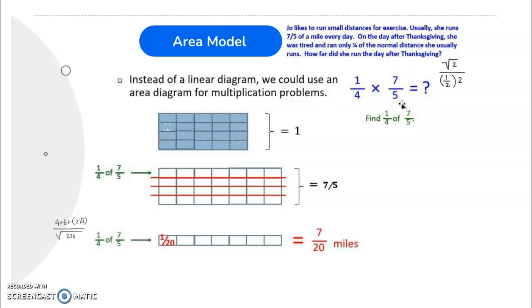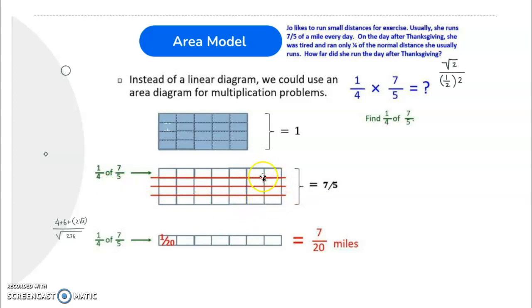Looking at our denominators. Okay. So we're finding 1/4 of 7/5. Okay, so now we have that common denominator. 1/4 of 7/5. We're having to divide it and expand it.